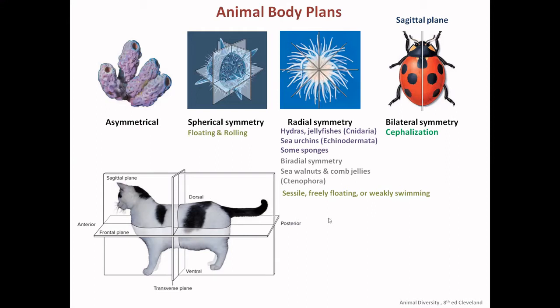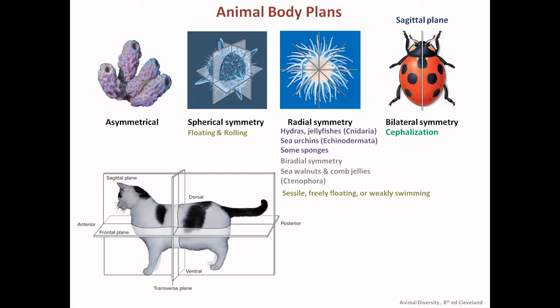One is the sagittal plane, another is the frontal plane. You see the frontal plane is at 90 degrees to the sagittal plane. This also passes from the anterior to the posterior, and there is another plane, the transverse plane, which passes through the middle of the body, in between the anterior and the posterior parts of the body.